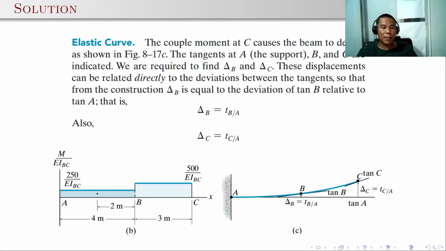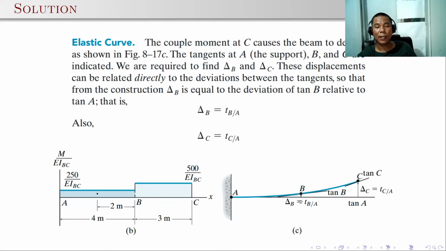And again, since this is a fixed end portion, if you draw a tangent line at point A, your tangent line at A is horizontal. And draw the tangent line at point B, and if you connect it with tangent A, you will be able to determine the angle theta.